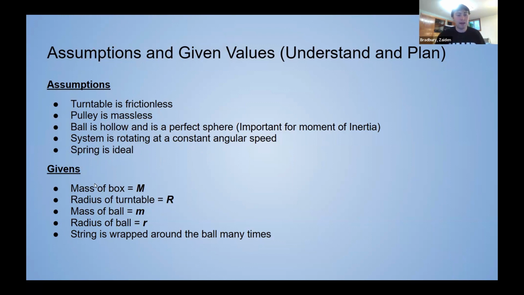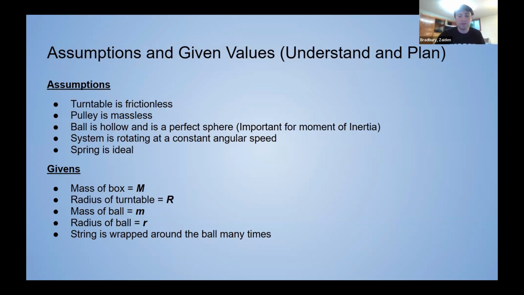Some given values that we have are that the mass of the box on the edge of the turntable is capital M. The radius of the turntable is capital R, and the mass of the ball is little m, the hollow ball, and the radius of that ball is R. And then we also know that the string is wrapped around the ball many times. And so that could change something with the effective radius of the ball as well. So that's just something that we should take into account as our given values.